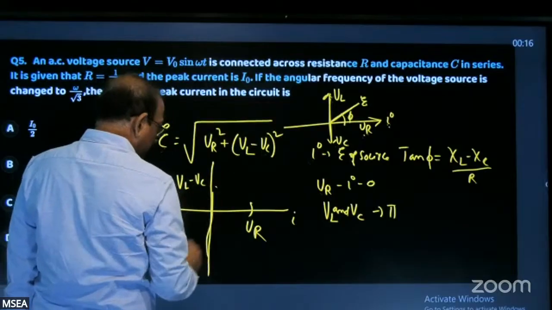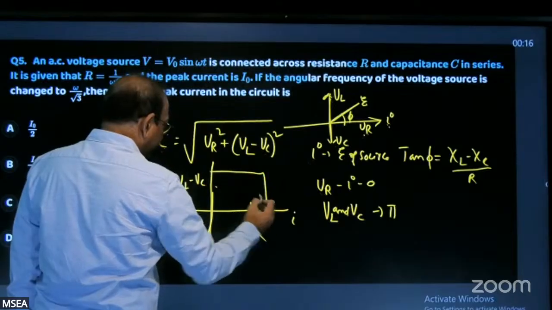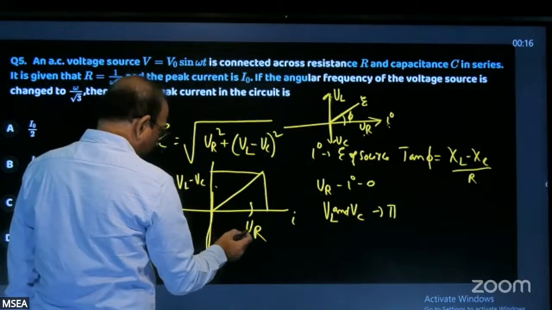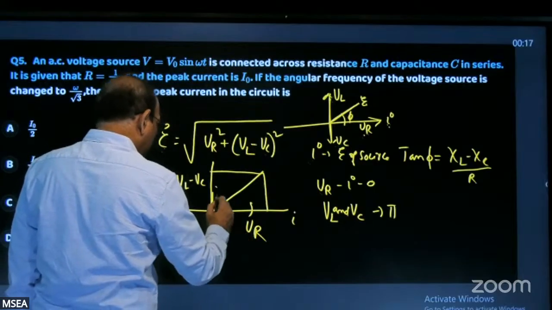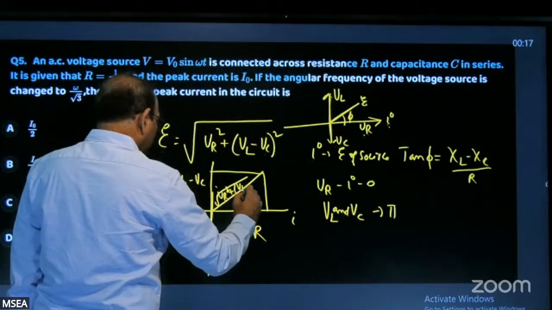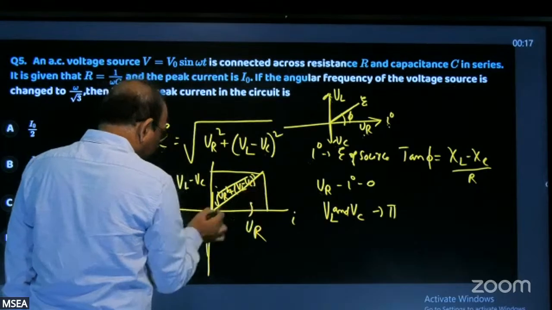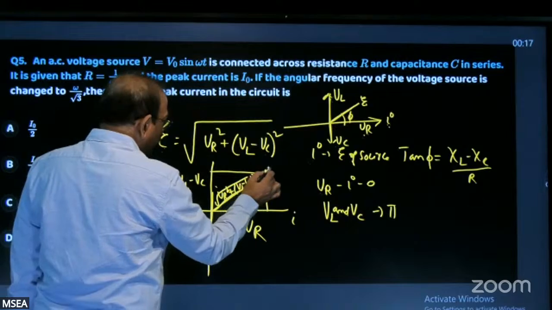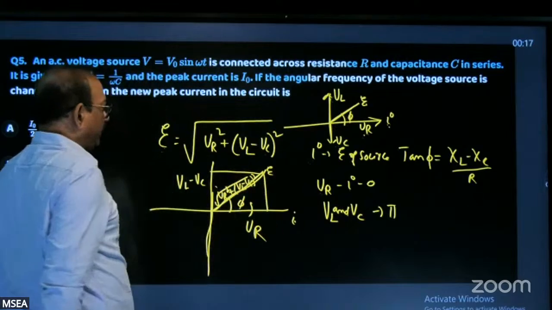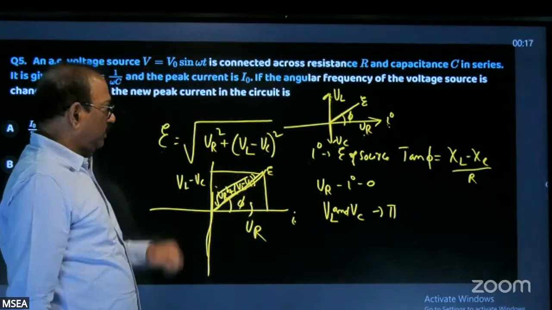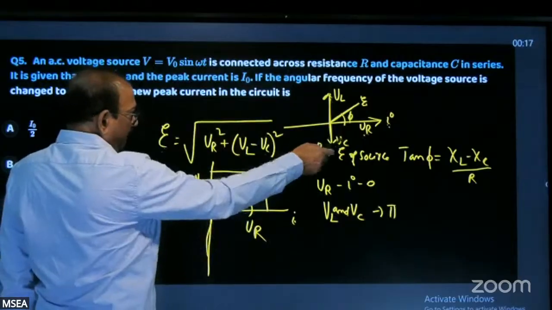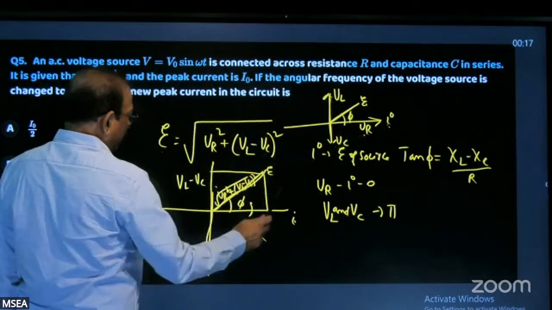This is net EMF voltage, means root VR square plus (VL minus VC) whole square, that is this. This is source EMF. Between that and current, the phase difference is phi. That phase difference formula is tan phi equals (XL minus XC) by R.